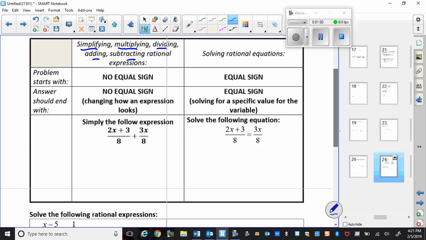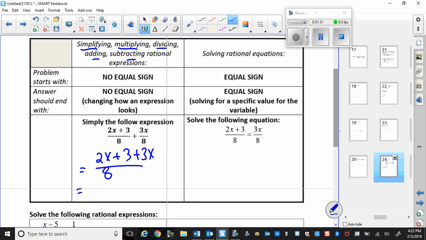So if I were going to approach the problem 2x plus 3 divided by 8 plus 3x divided by 8, we'll be adding at this point. And the denominators are like denominators, so it'll be equal to 8 on the bottom, and then 2x plus 3 plus 3x. All right? And we simplify.